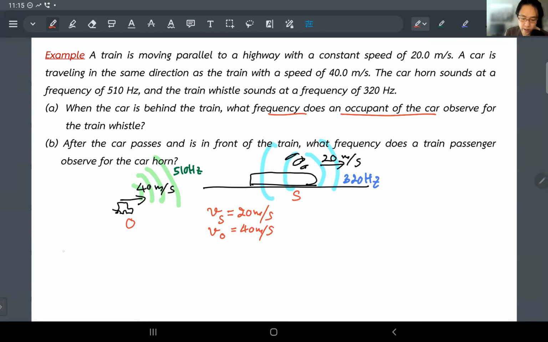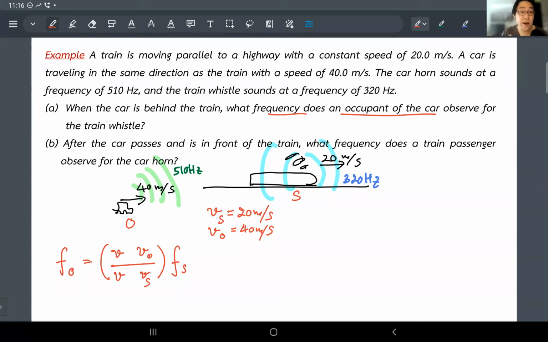Then you want to calculate the frequency observed by the occupant in the car. So you take the ratio, multiplied by the frequency from the source: V and V observer on top, V and V source on the bottom. Now, what should be the sign, guys?